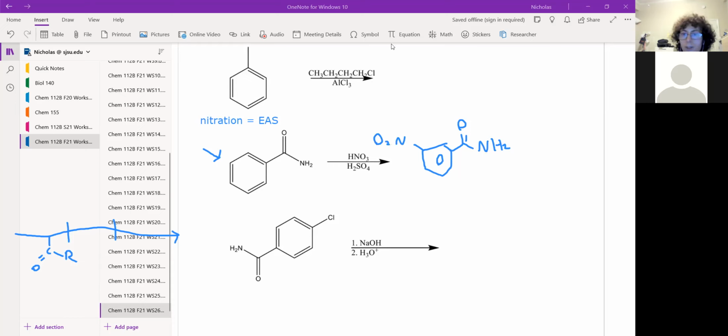Quick question though. What if I started with this structure and I did the same reaction? Is this still a meta director? No, it's ortho-para.